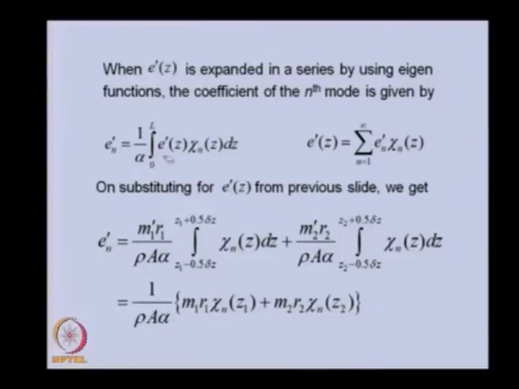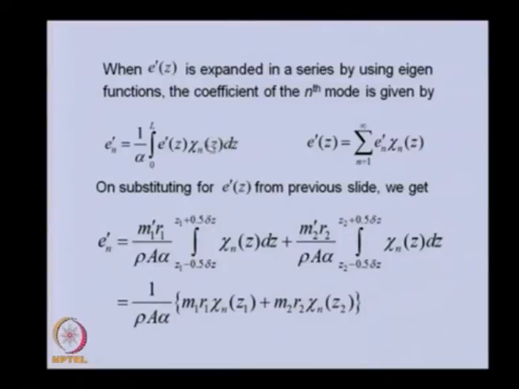So, this is the expansion, and in this is the constant for a particular mode. This is the distribution of the eccentricity, this is the constant, and this constant will be defined like this, in a similar form as we defined for the eccentricity of the shaft.